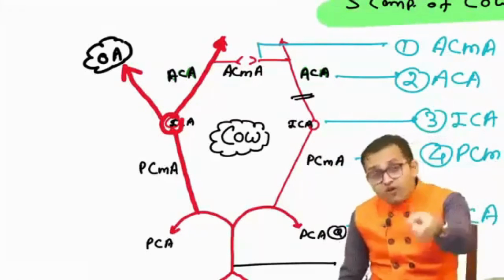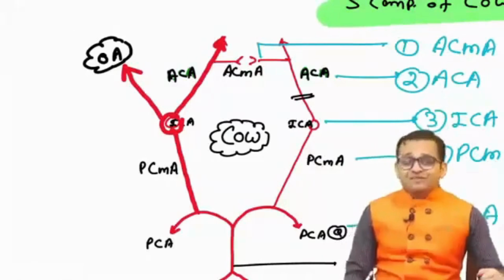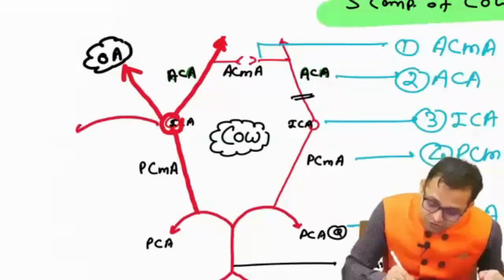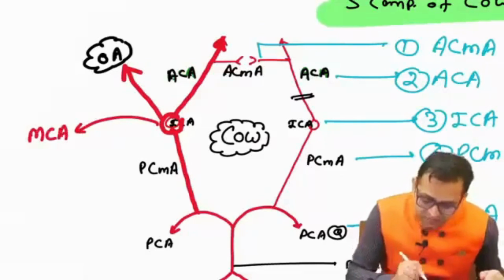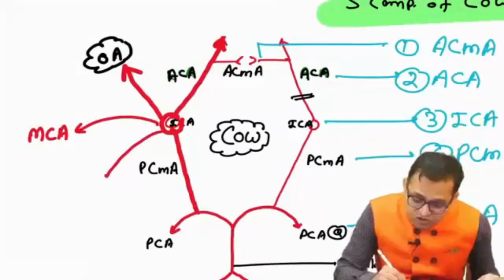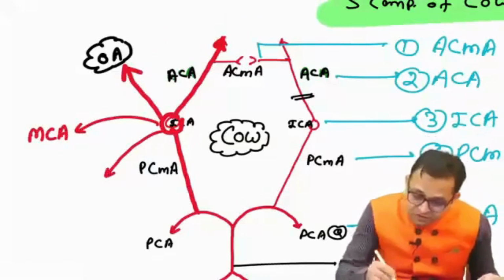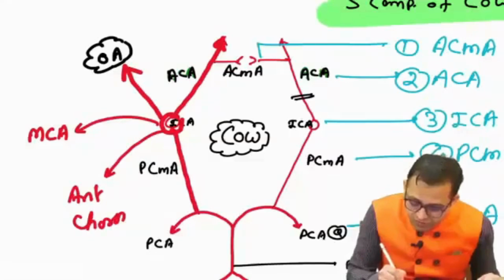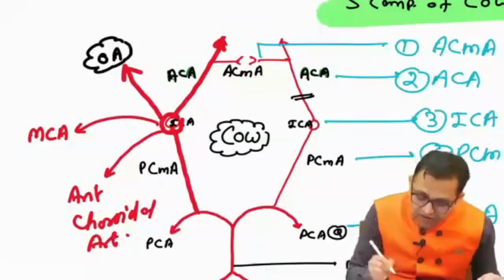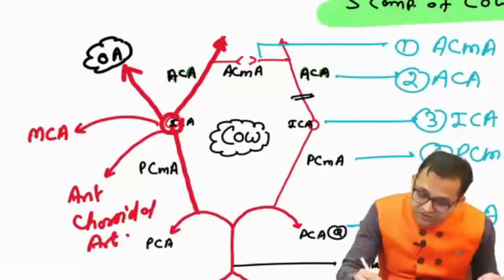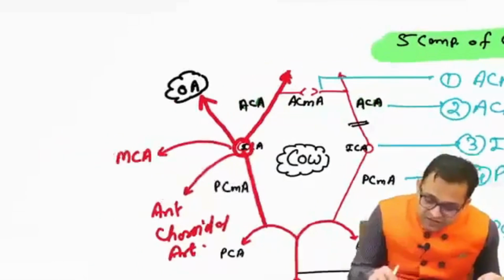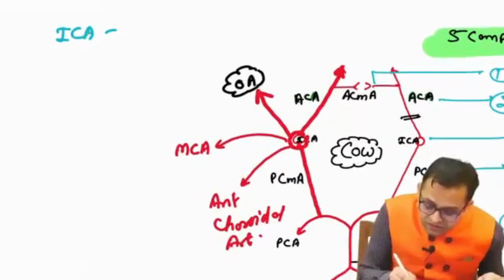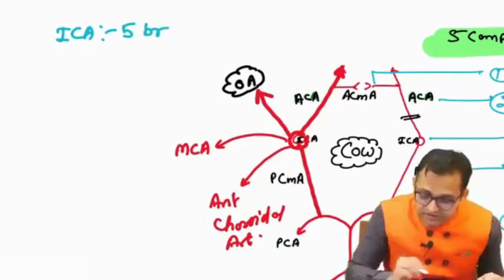It is a branch of what? Internal carotid artery. Sir, it will give the branch to the supralateral surface. This is the middle cerebral artery, and it will give the branch to our choroid plexus. So this is our, yes, anterior choroidal artery. So you will see what are the different components of the internal carotid artery. Sir, internal carotid artery, 5 branches.